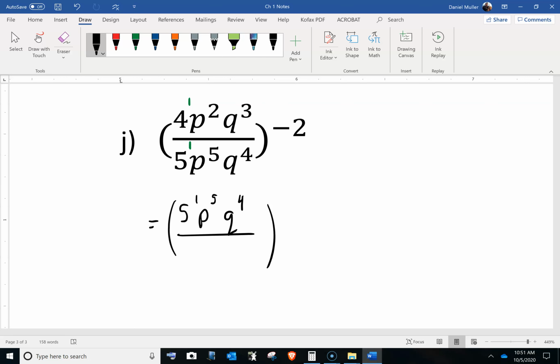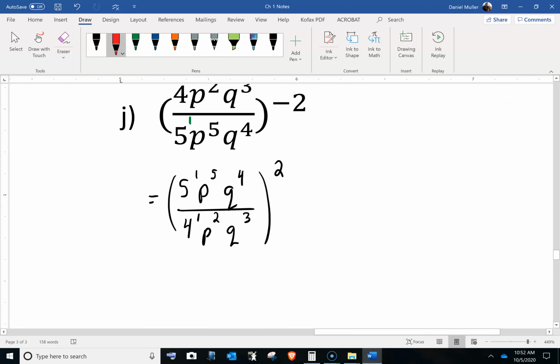And then on the denominator, I'm going to write a 4 to the 1, a p to the 2, q to the 3. So I literally just copied it. And if you copy the bottom and paste it on top, copy the top, paste it on bottom, then you can actually flip the sign and make it a positive 2. So it just will make things a lot easier.